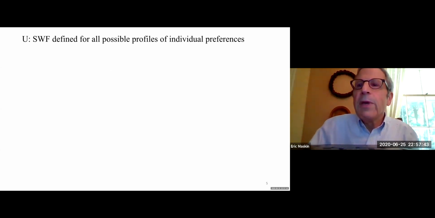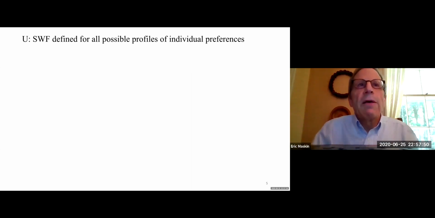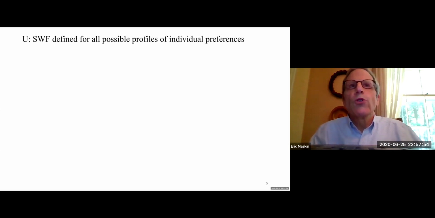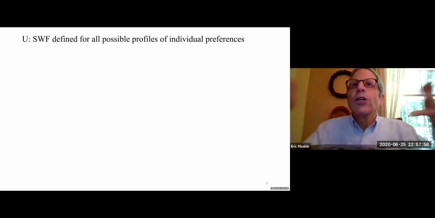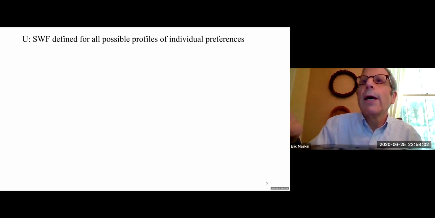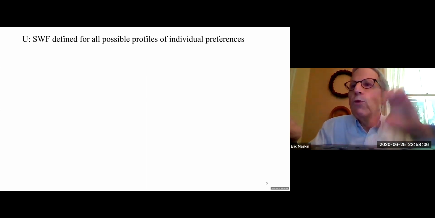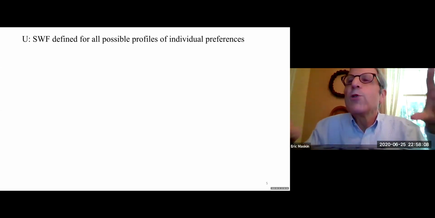So let me review the other Arrow axioms. The unrestricted domain just means that our social welfare function should be defined for all logically possible preferences and individual preferences. And again, I'm going to rule out individual indifference.